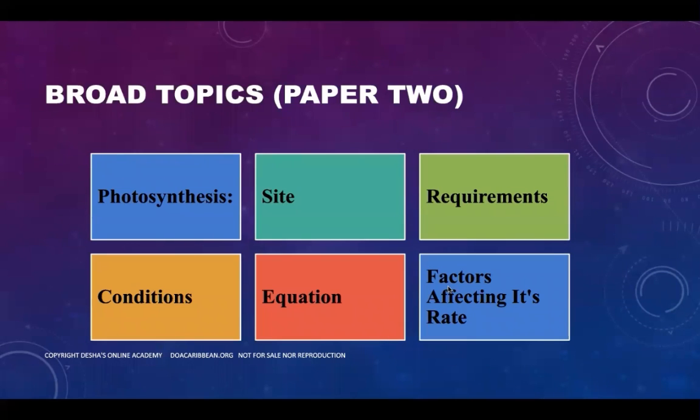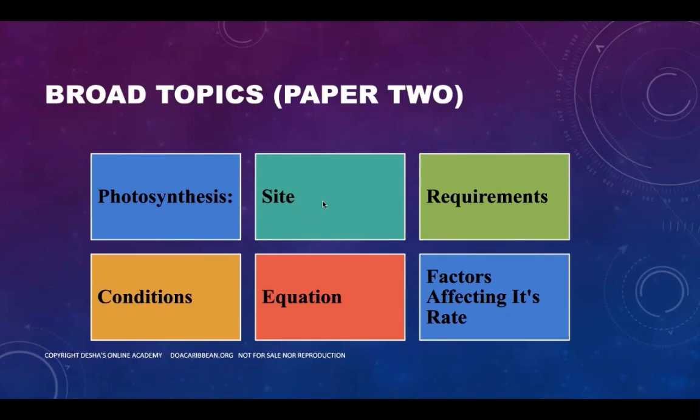Moving on to the most anticipated topic, photosynthesis. Super easy. Once you know the site, requirements, conditions, equations, factors that affect its rate, you are good for the examination. What is photosynthesis? Photosynthesis is the process by which green plants use energy from the sun to produce sugars.